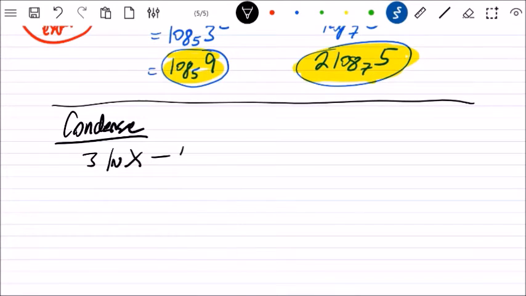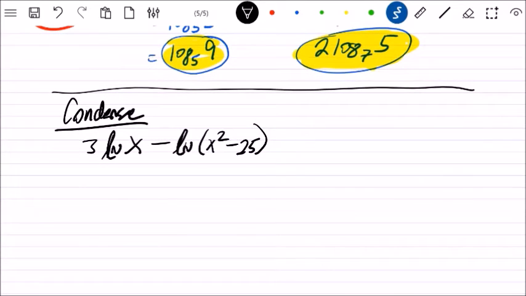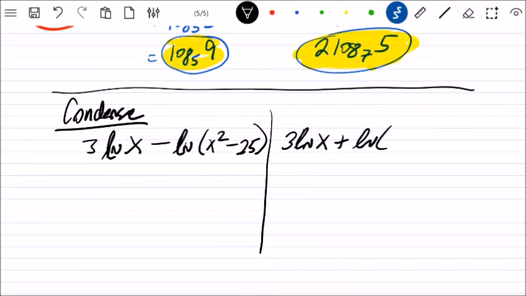And natural log of x squared minus 25. And then I'm going to do it with plus: 3 natural log of x plus natural log of x squared minus 25.